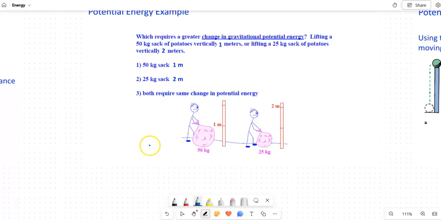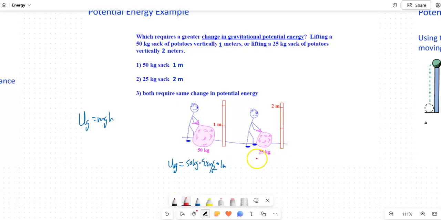Okay, well, potential energy here due to gravity, U sub G, is equal to mgh, right? It's the energy of height. So we're going to take the mass of the object, 50 kilograms, times 9.8 meters per second squared, and multiply this times a height of 1 meter.